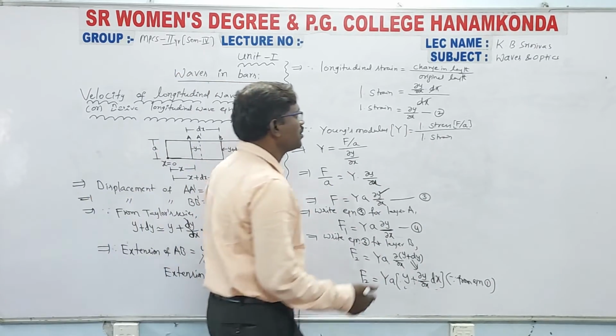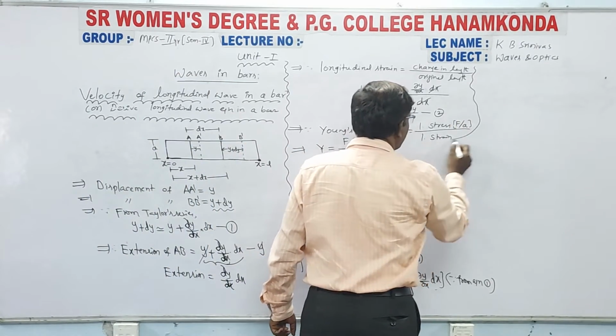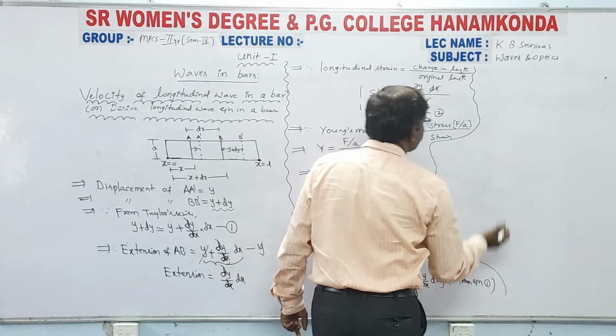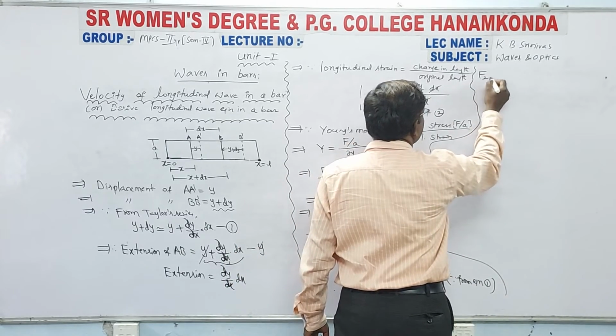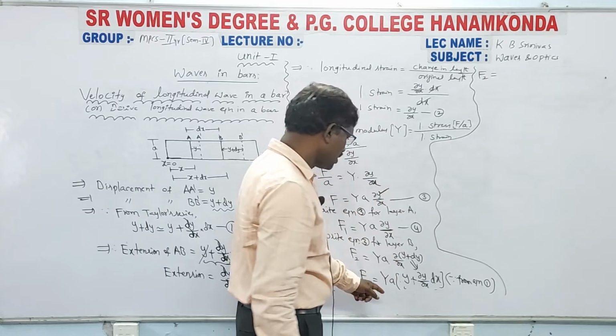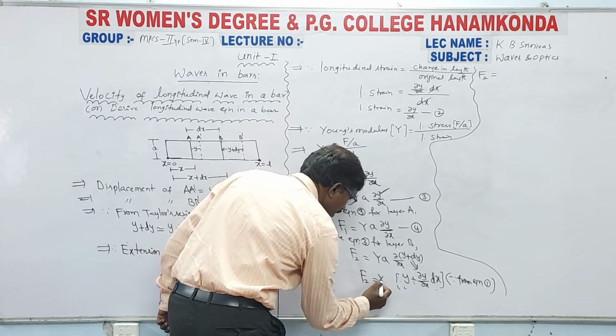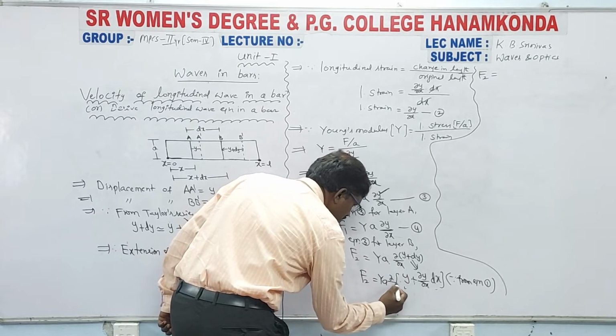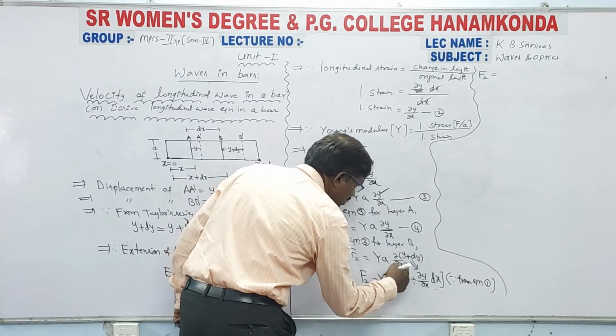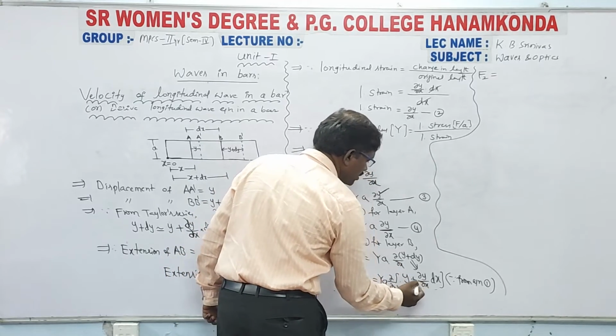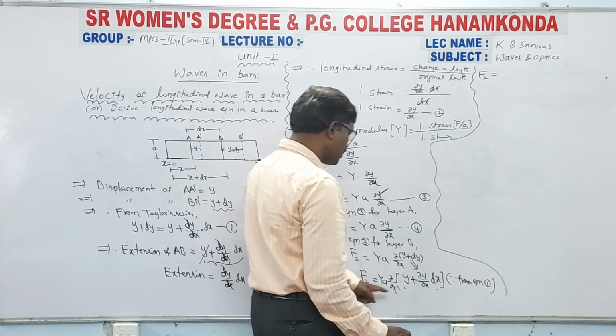So, finally, here I am going to calculate the force acting on layer B, that is F2 is equal to how much? YA, here we are having YA already, ∂/∂x. Instead of y plus dy, I have written the expansion I got from Taylor series.